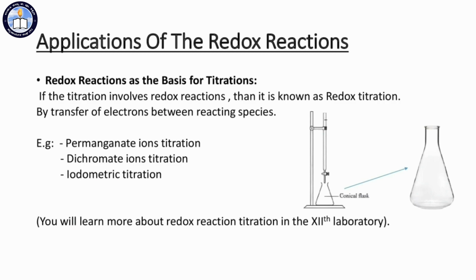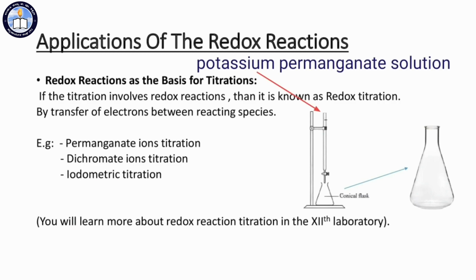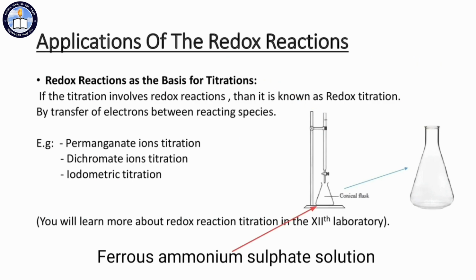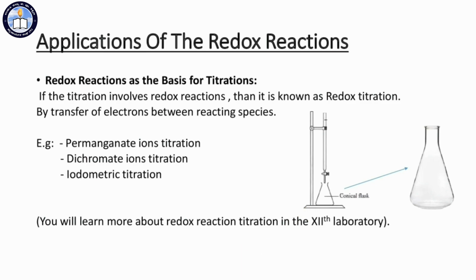In the burette, we take potassium permanganate, which has an intense purple color. Then in the conical flask, we take ferrous ammonium sulfate solution with acid. We start the experiment. At the end point, the colorless solution in the conical flask changes to a permanent pale pink color. We stop the experiment. This is the experimental procedure.